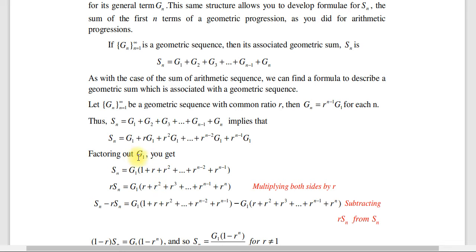So factor out the common G1. When we take out G1, Sn is equal to G1 into 1 plus r square plus r cube plus r fourth, and so on up to r to the n minus 1, we go up to n.